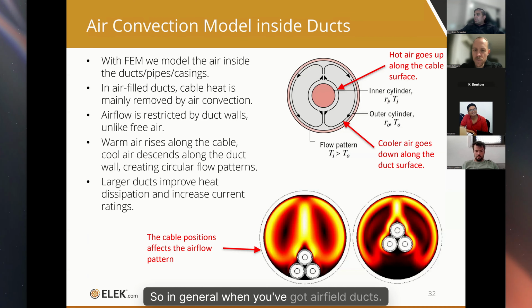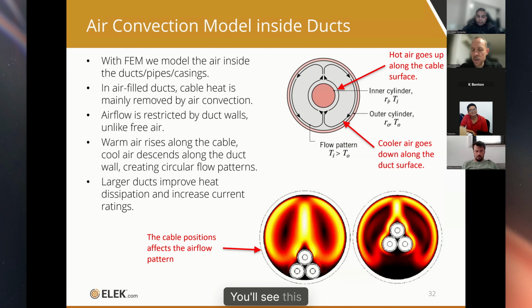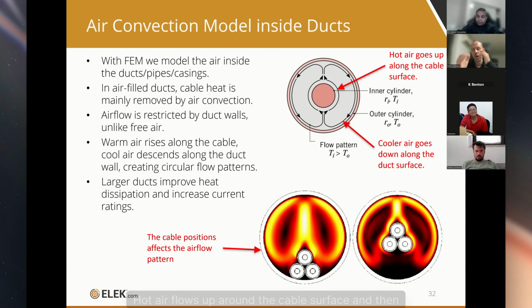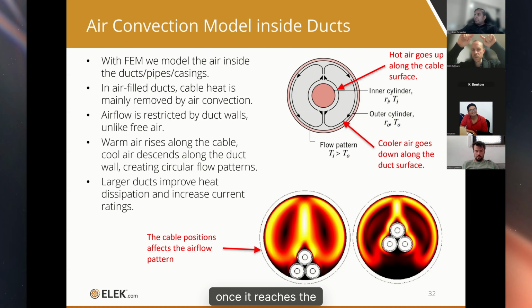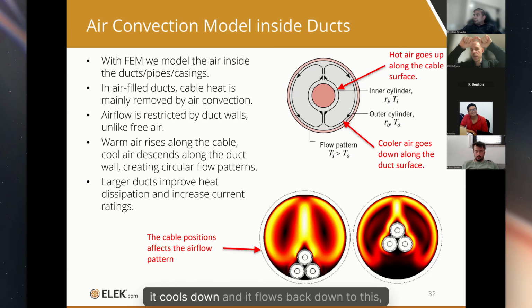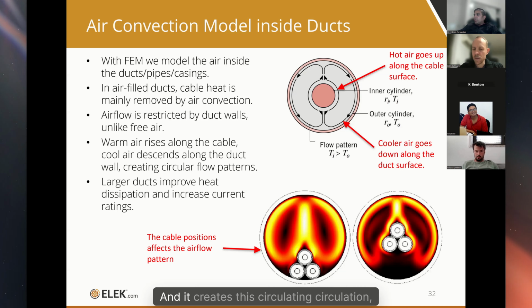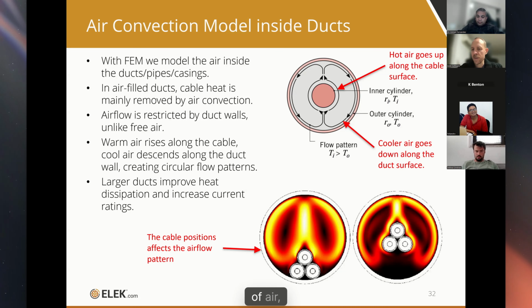So in general, when you've got air-filled ducts, you'll get this flow of air being heated, and in general, it flows up. Hot air flows up around the cable surface, and then once it reaches the inside of the duct, it cools down and it flows back down to the bottom of the duct, and it creates this circulating motion of air.